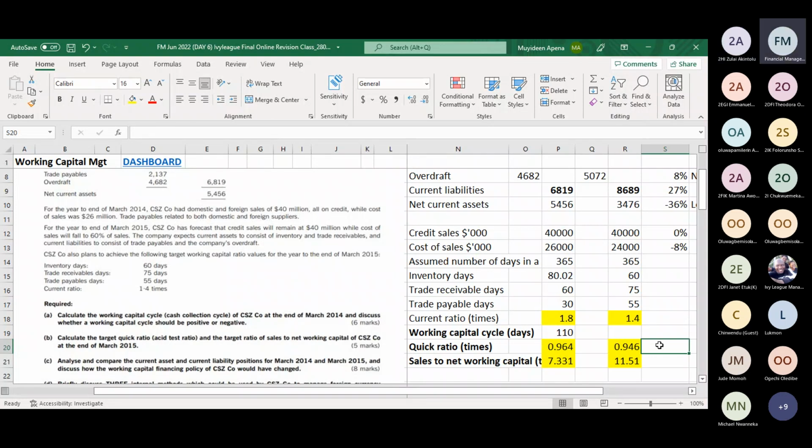So we can see the trend between 2014 and 2015. It shows that the current ratio will decline, the quick ratio will decline, which means liquidity will drop. And then we also can see the sales to net working capital ratio. It's increasing from 7.3 times to 11.5 times.